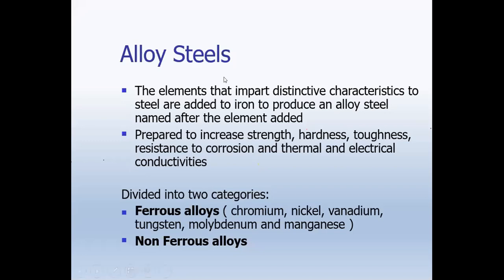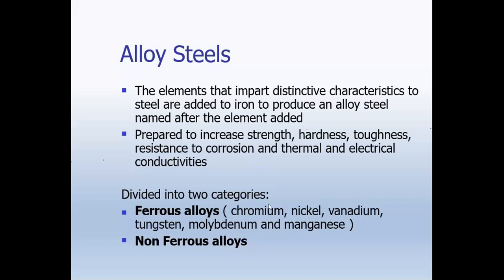And such properties which can be modified include strength, hardness, toughness, resistance against corrosion, as well as improved thermal and electrical conductivities of the newly formed material. Such a material is what we call an alloy steel. Okay?